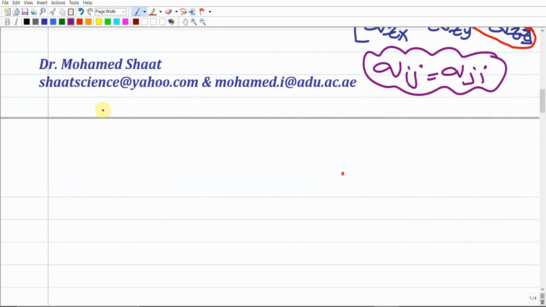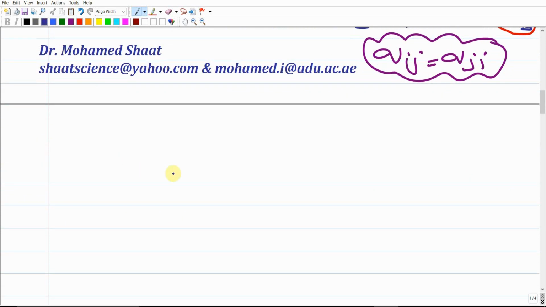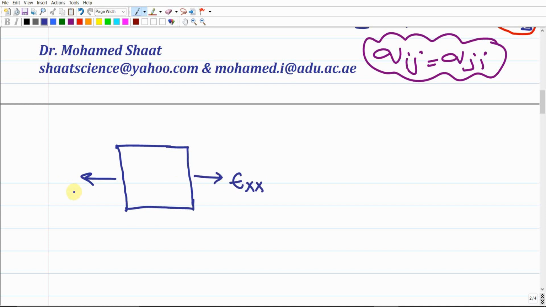Just to refresh your mind about the strain, let us consider that you have this square or cubic shape, and in case we have epsilon xx, it means that this is a normal strain parallel to the x-axis, and this normal strain will result in some stretch or contraction in this box. It means the box is still a box. There is no change in the shape, except that there are some changes in the dimensions, like the length has been increased in this way.